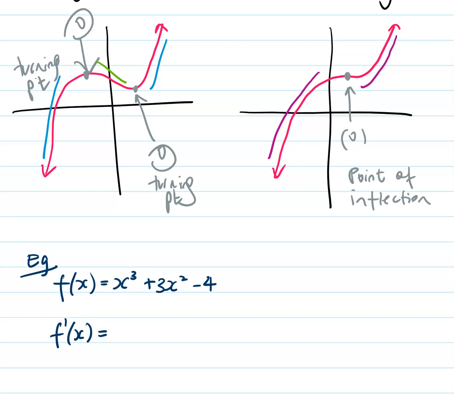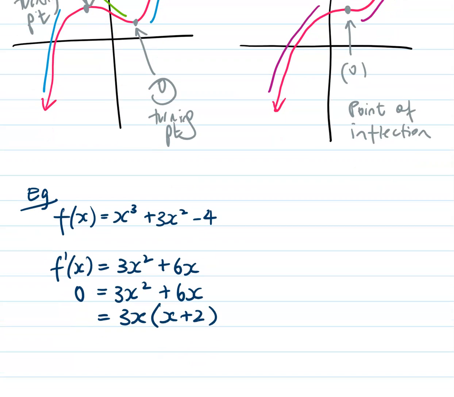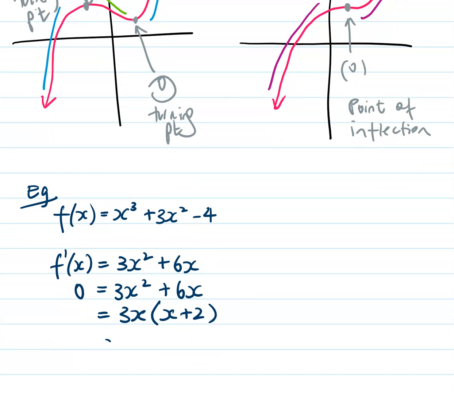So f dash of x is going to be 3x squared using our cheat method plus 6x. So where we have no gradient means that the derivative is 0 at that point. So to find where these points are, we're going to solve for x. And we find that x equals 0 and x equals negative 2.